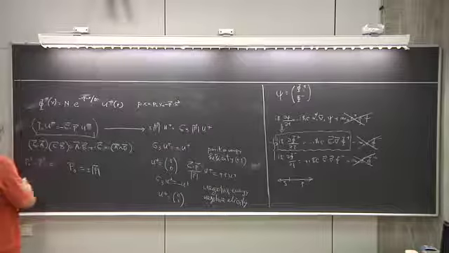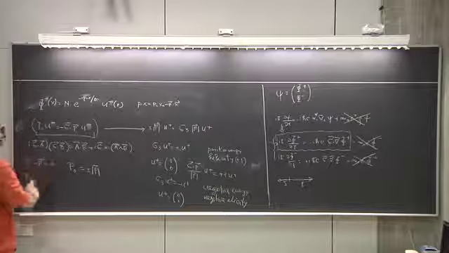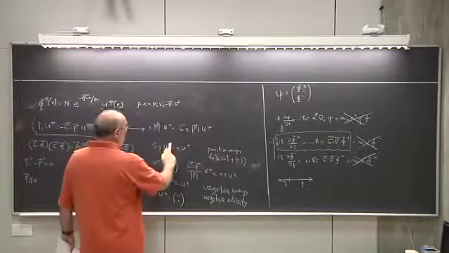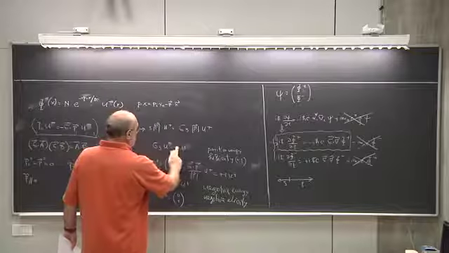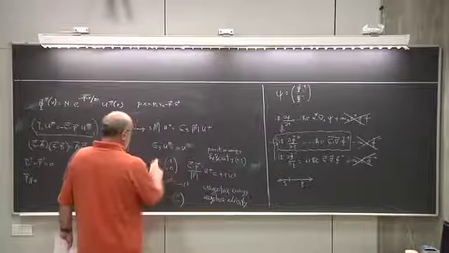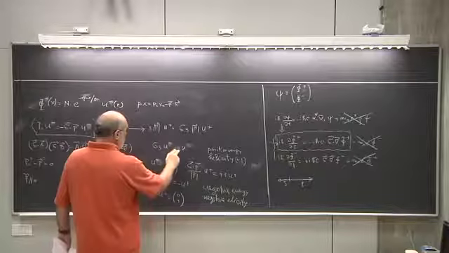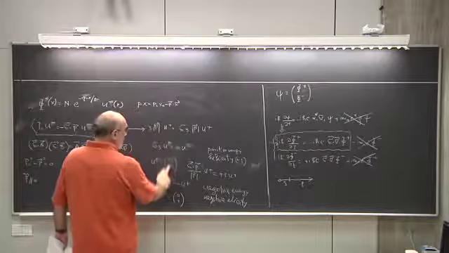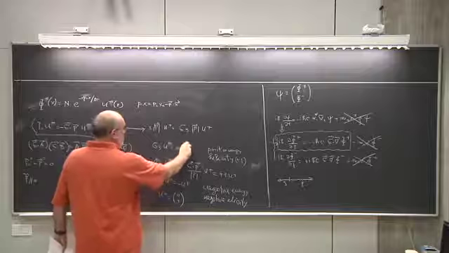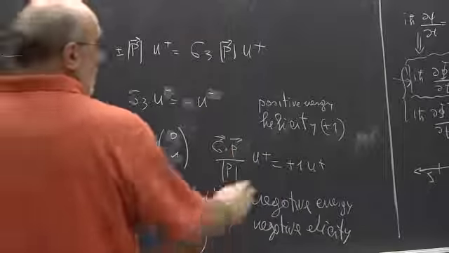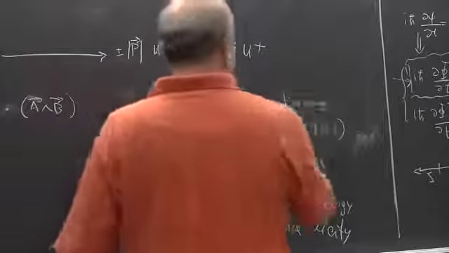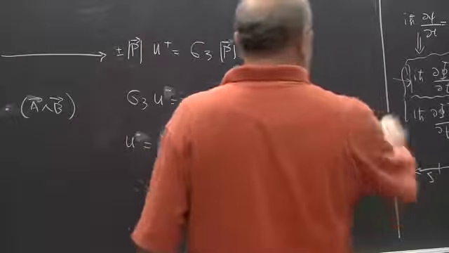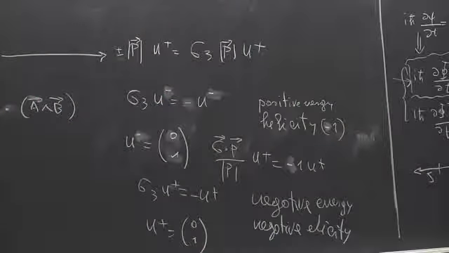Then the solution, for example, of this with positive energy is this one because of this minus sign. So minus 1: positive energy, helicity minus 1 for this case.